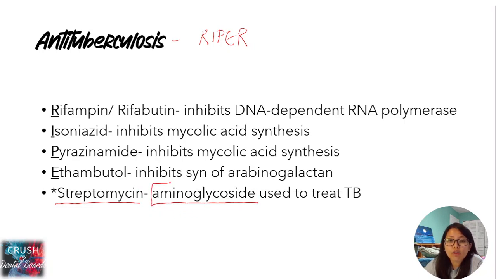It's part of your aminoglycoside, but it is also used to treat tuberculosis, okay? Again, you have your rifampin, isoniazid, pyrazinamide, ethambutol. Now, these are just the mechanisms as to how they fight M. tuberculosis. So they inhibit either mycolic acid synthesis or the synthesis of your arabinogalactan or your DNA-dependent RNA polymerase. Okay? Anti-tuberculosis, ripe. Rifampin, isoniazid, pyrazinamide, ethambutol.